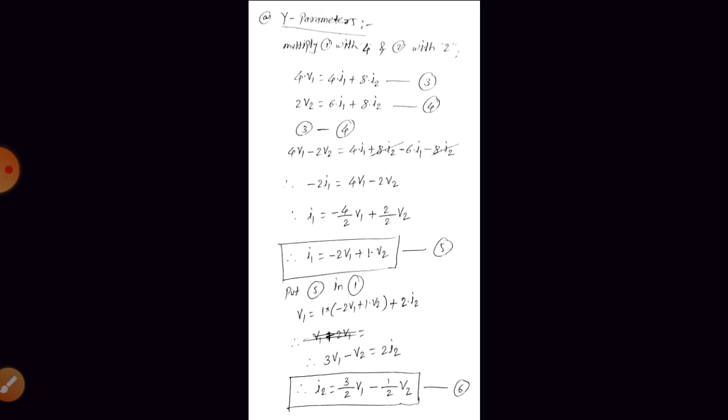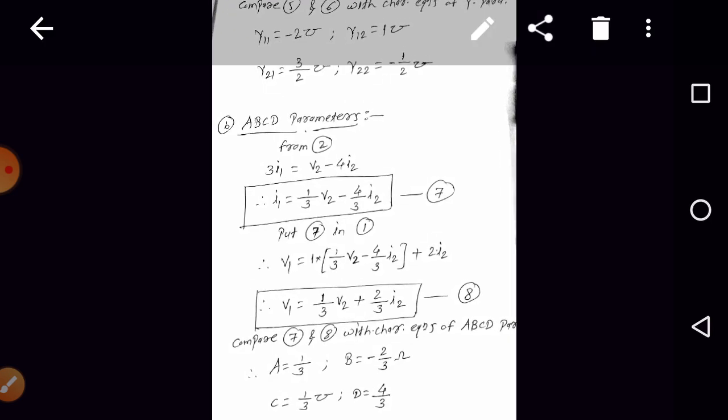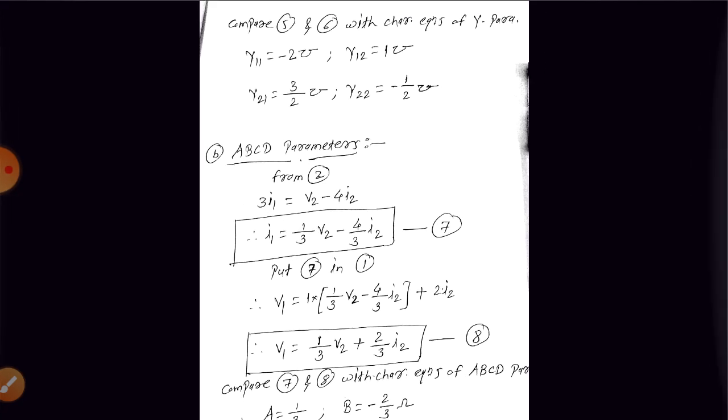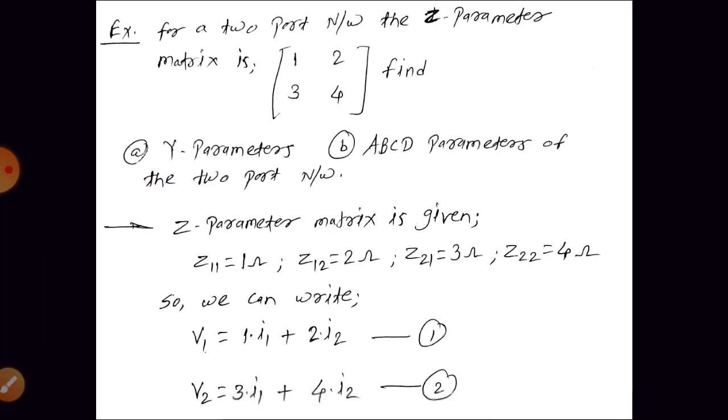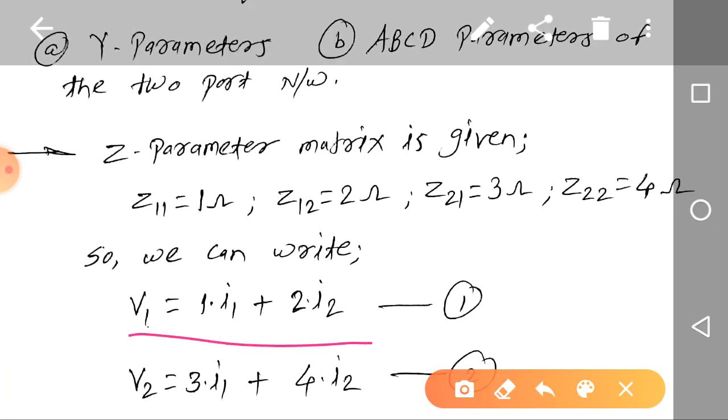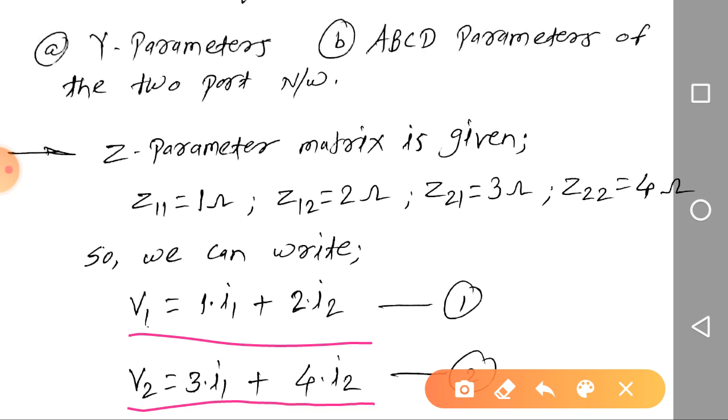Next, similarly, the ABCD parameters. How do we find them? We have equation 1 and equation 2 written from the given Z parameter data: V1 is equal to 1 I1 plus 2 I2 and V2 is equal to 3 I1 plus 4 I2. The ABCD parameters give the expression for V1 and I1 in terms of V2 and minus I2.